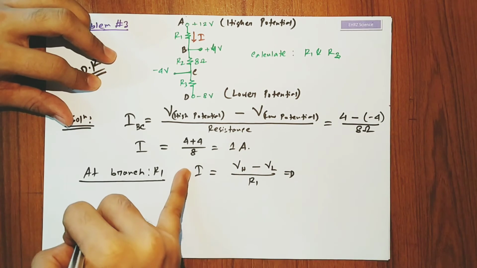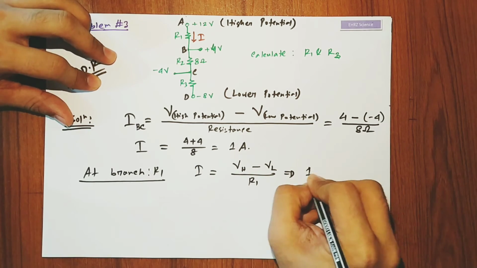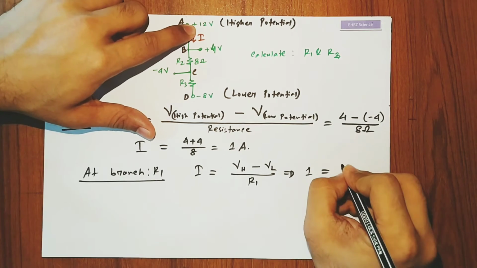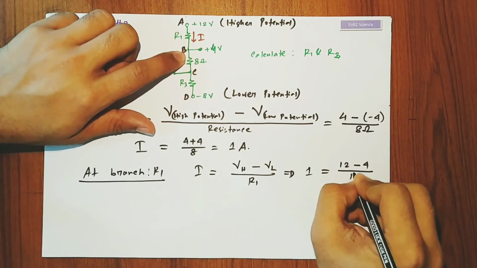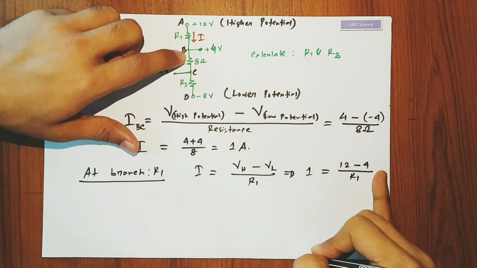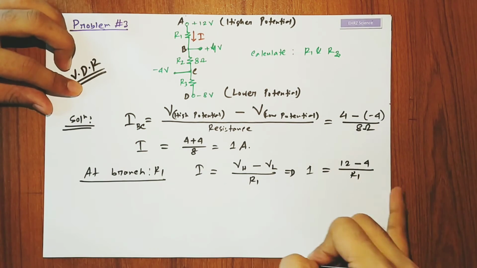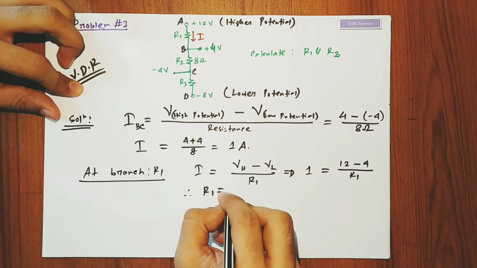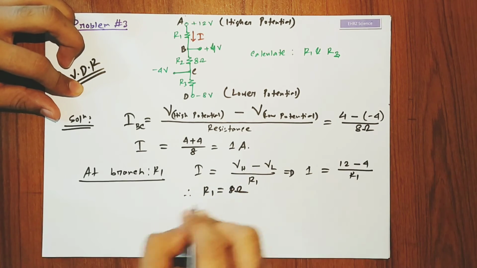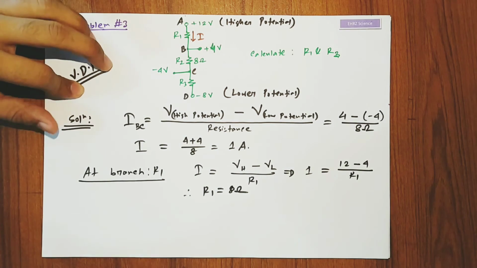The current is 1, the higher potential is 12 volt minus the lower potential 4 volt, divided by R1. So 12 minus 4 is 8, R1 times 1 is R1. So you see that R1 is 8 ohm.